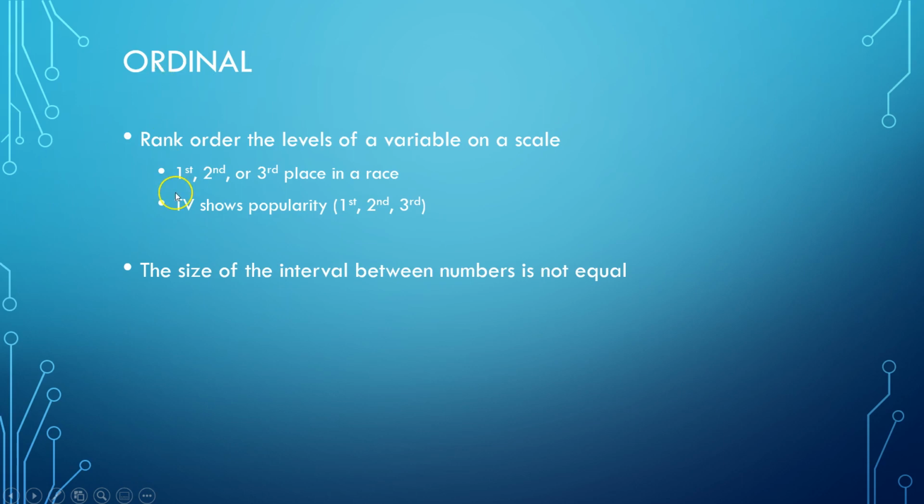And what we say with ordinal variables is the size of the interval between these numbers is not equal. This should make sense to you if you've seen a race. Let's imagine a race where people are running a mile. It could be that the first place winner is an absolutely outstanding runner with a very quick time, and then it's quite a bit more time before the second place person comes, and then the third place person gets to the finish line right after second place.